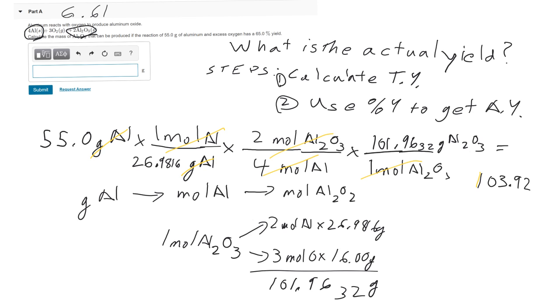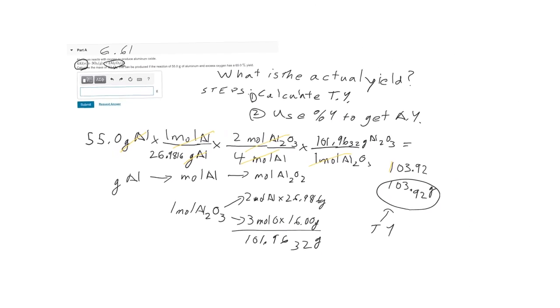We've got 3 sig figs there, so we're really looking at 104, but I'm going to carry these 2 more figures through in our calculations. This is our theoretical yield. Thus ends step 1. Now, step 2 is actually more of a cutesy finishing step.